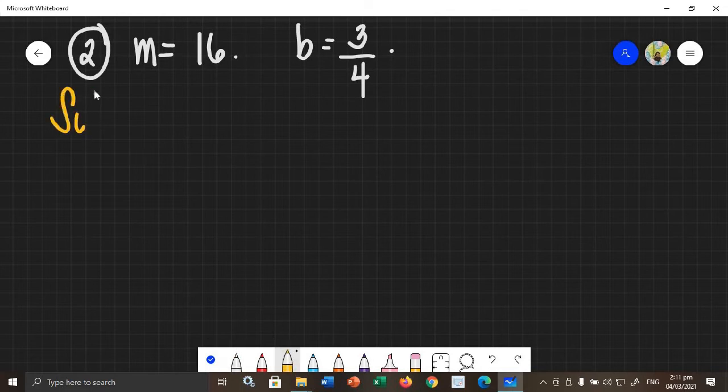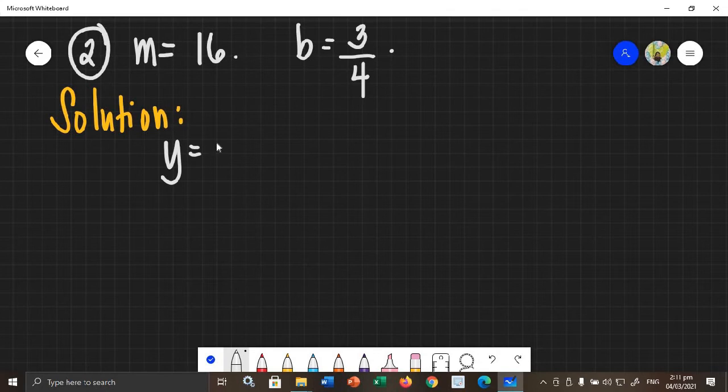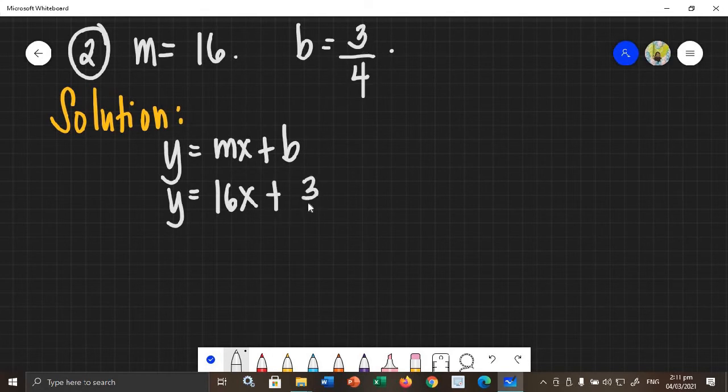So, katulad ng ginawa natin kanina, we will use the slope-intercept form of a line. So, that is y equals mx plus b. And then we need to substitute the slope and the y-intercept to the equation. So, we have 16x and then positive si 3/4, so plus 3/4. Okay? Now, hindi pa tayo tapos.